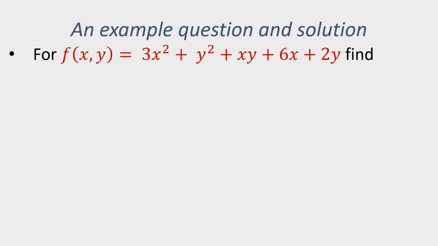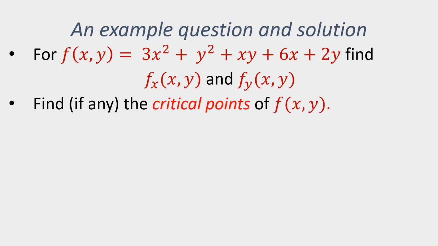So here's an example question you might see. You have some two-variable function such as this. You're asked to find the first order partial derivatives with respect to each variable and to identify if there are any critical points of that function. So we form the first order partial derivative with respect to the variable x.